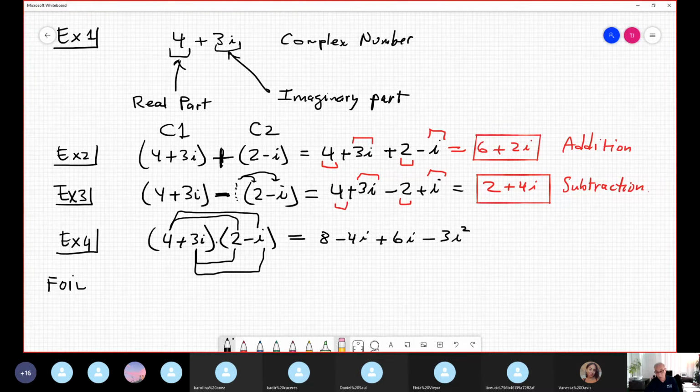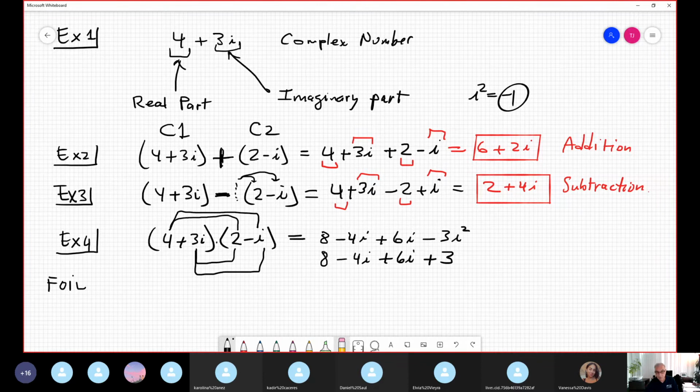Do I leave it like that? No, of course not. Because I know that i squared is negative 1, so immediately in my mind, I know that i squared is equal to negative 1. So mentally, you replace negative 1 here. So in the second line, I write 8 minus 4i plus 6i plus 3.